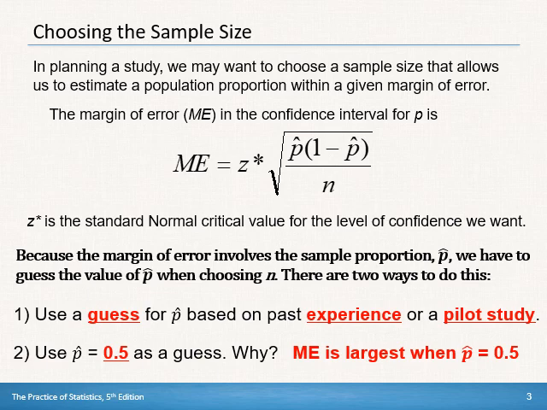If anything, we'll have a smaller margin of error, because the product of p hat and 1 minus p hat will always be smaller than it is when p hat is 0.5. So our margin of error will never be larger than what we wanted if we just assume a p hat of 0.5.